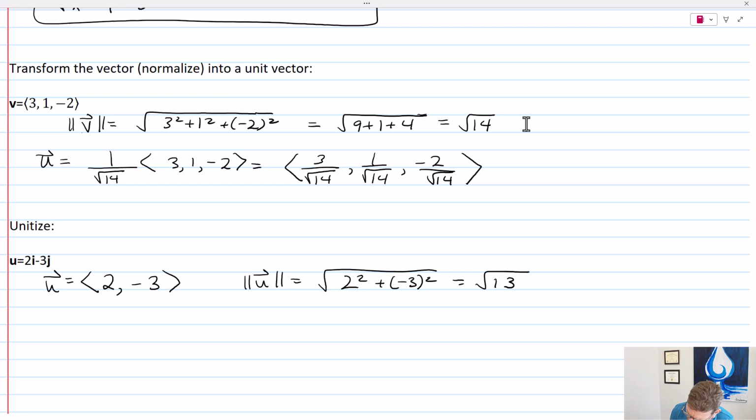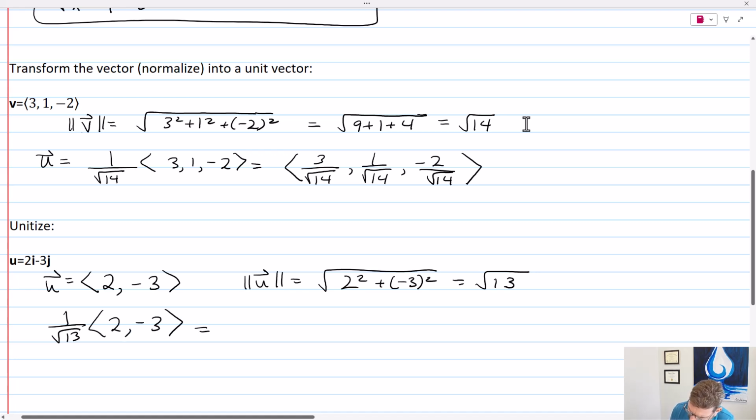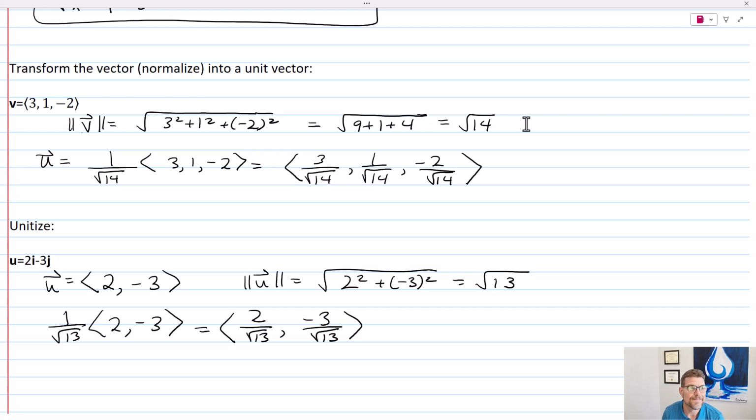We'll now multiply that by u. So we're going to take 1 over the square root of 13 times 2, negative 3. And that then is 2 over root 13 and negative 3 over root 13. And that is our unit vector.